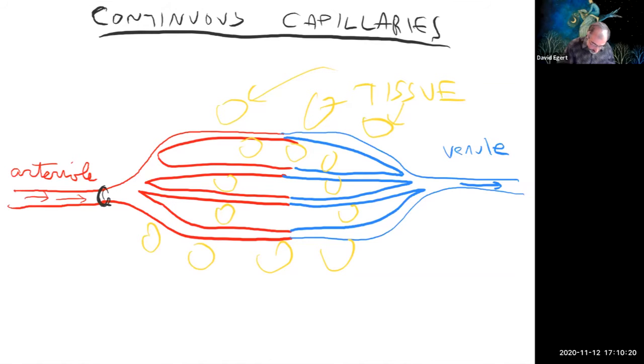The little precapillary sphincter. So the idea of a precapillary sphincter is it adjusts how much blood actually makes it into the capillary bed.